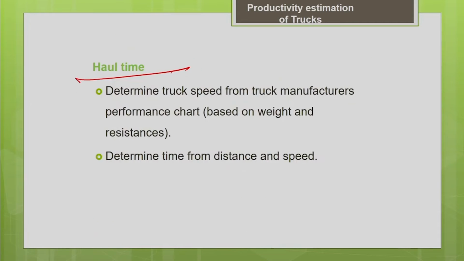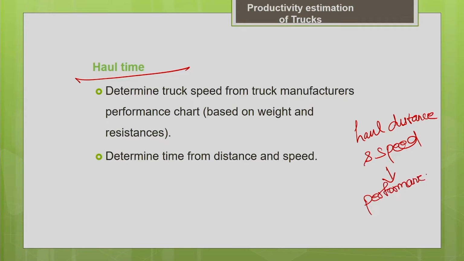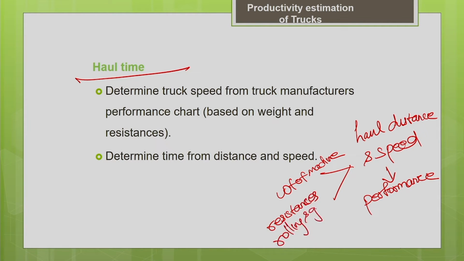Now, next is about the haul time. Haul time depends upon your haul distance and the speed. Speed you can get from the performance chart. To use the performance chart, you need to know the weight of the machine, and also the resistances in your project site, the rolling resistance and the grade resistance.